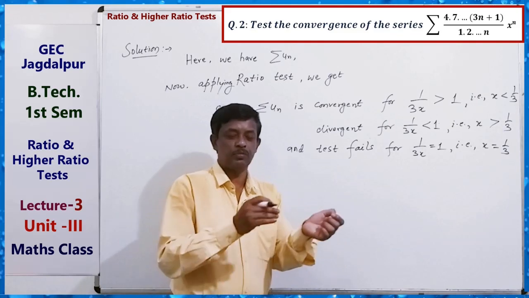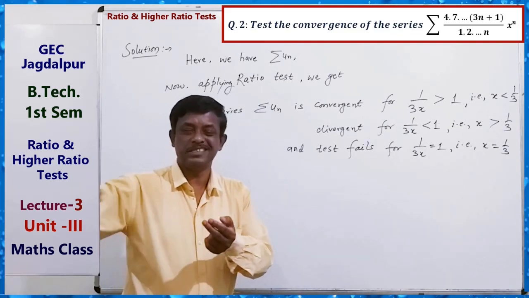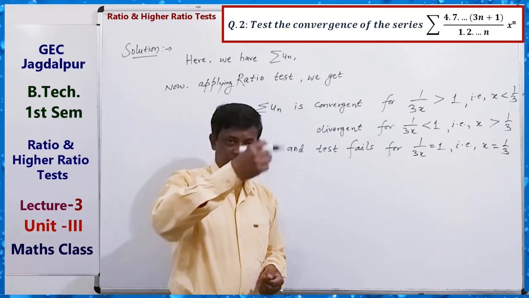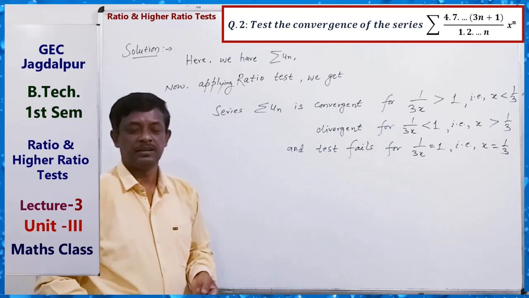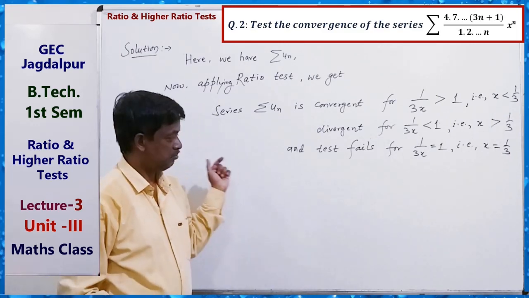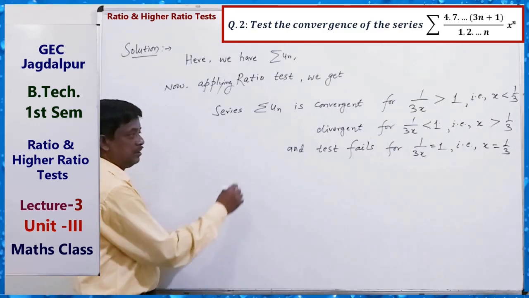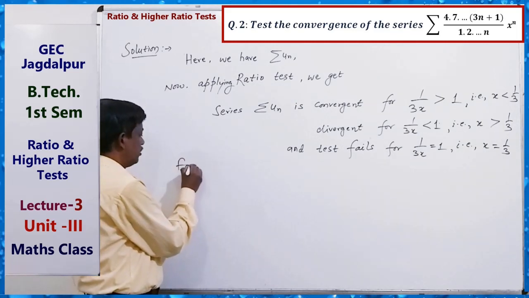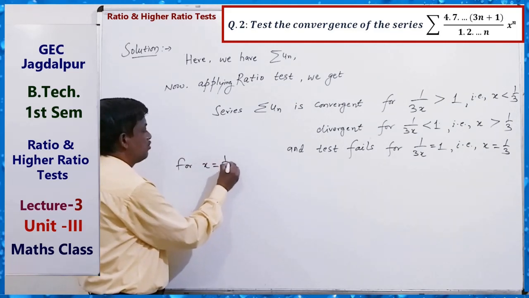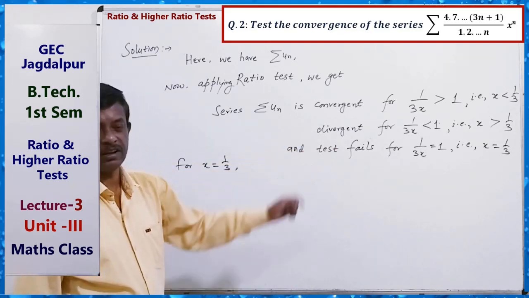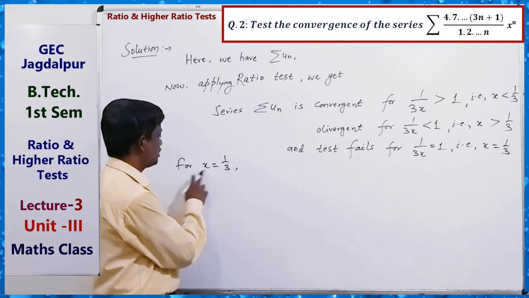If un upon un plus 1 can be written as a series in 1 by n, then we can multiply. So for deciding x equal to 1 by 3, for which the test fails, we proceed as follows.